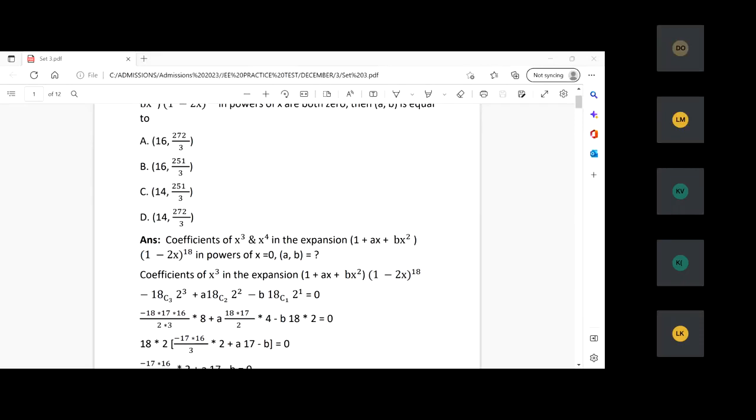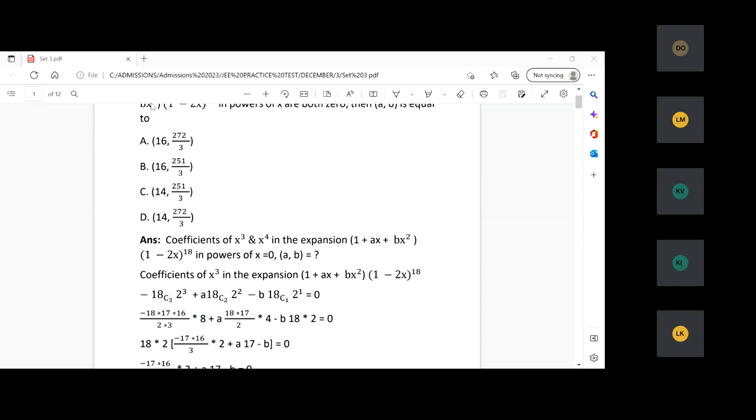I've not written all of them in detail, so you can just expand it and start assigning the coefficients. With this very simple logic, it's very easy to solve this question. It's a direct question, you need to find out the value of A and B. You'll get two equations after equating both coefficients to 0. Once you solve these two equations, you have the values of A and B.